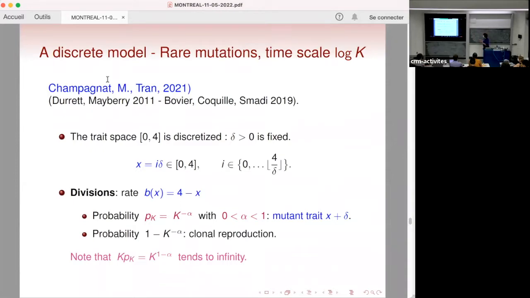To do that, we were obliged, for the moment, to discretize the space, with a discretization step delta, which will be fixed here. And so we consider this model. We observe that this choice of scale has already been made in a paper by Durrett and Mayberry in 2011, and we worked during the same time without discussing together.